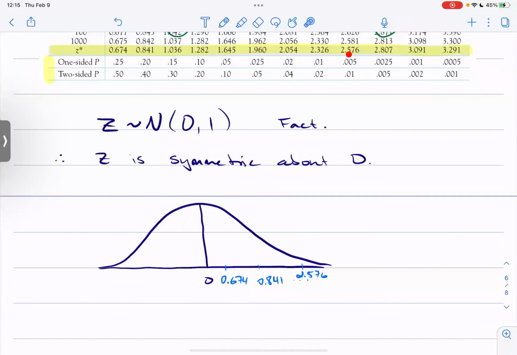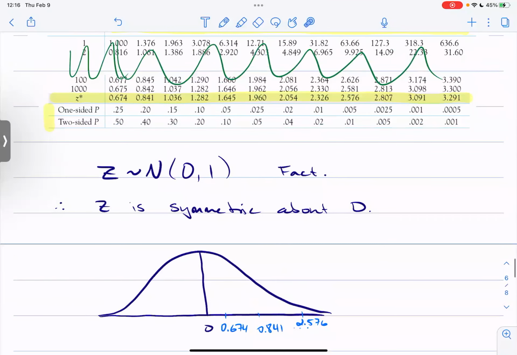I'm just grabbing some of these. There's not enough room to have them all on one graph, especially when I draw it so tiny. But these are just little check-in points. And what it's telling us is that the area in the tail from 0.674 is 0.25.